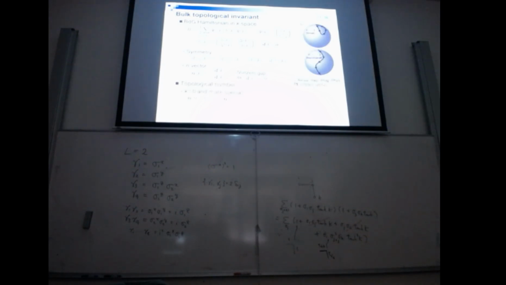And okay, here comes the topological number. And as I said, this Hamiltonian has this symmetry. And here, the momenta k equals 0 and pi are special because for these two momenta, k and minus k are equivalent, right? And because of this symmetry, at k equals 0, this d vector must point to the north pole or south pole.